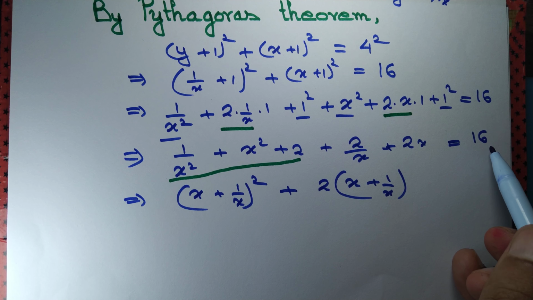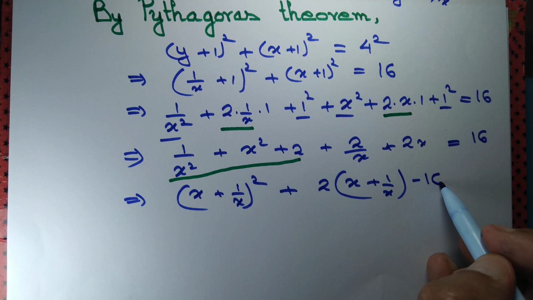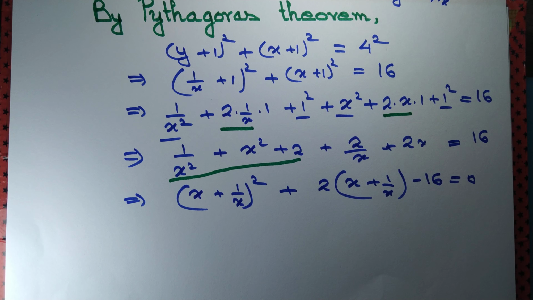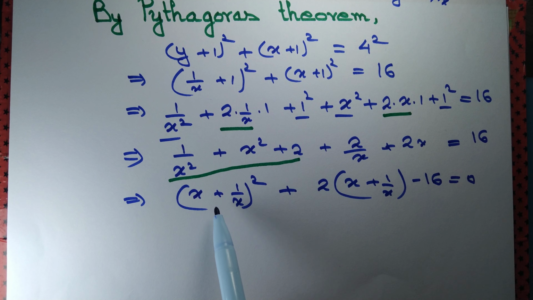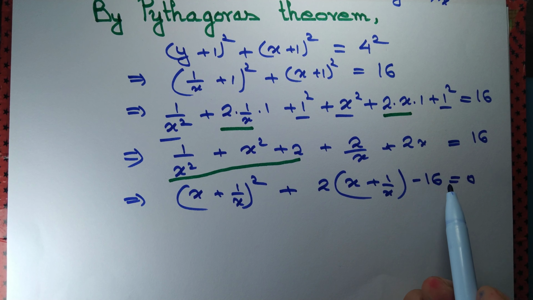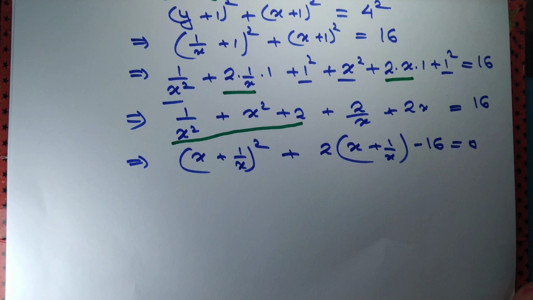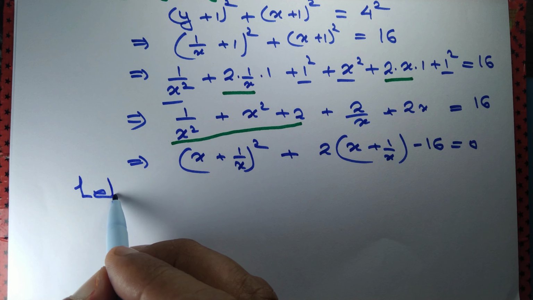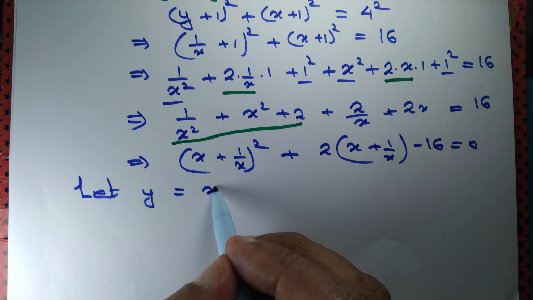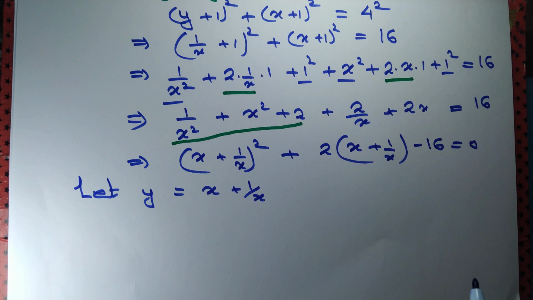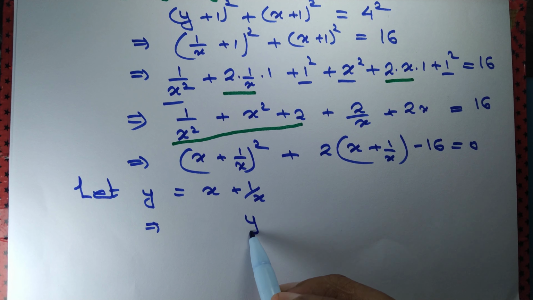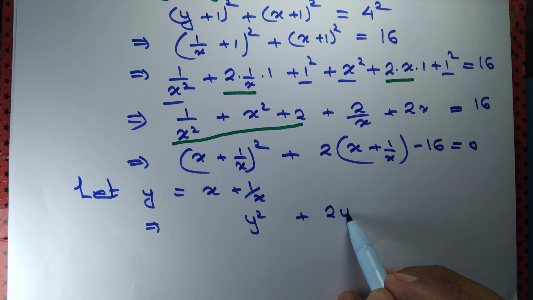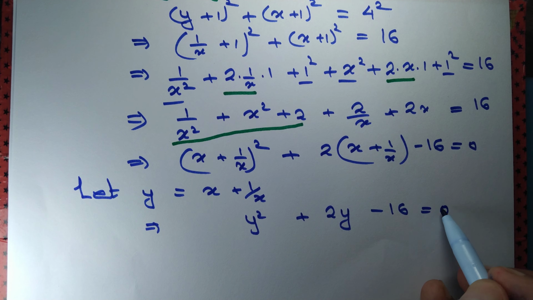Let's write the 16 to the other side, so minus 16 equal to 0. Now you see that something square plus 2 times something minus 16 equals 0. That reminds us of a quadratic equation. Let y equal x plus 1 by x. That implies y square plus 2y minus 16 equals 0.